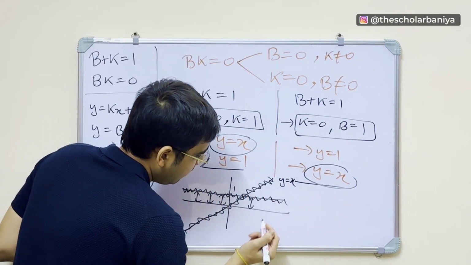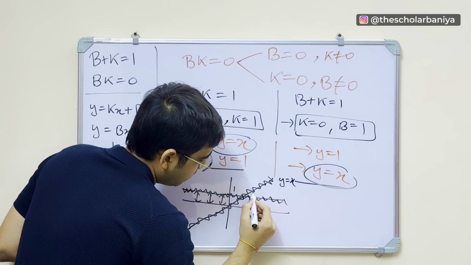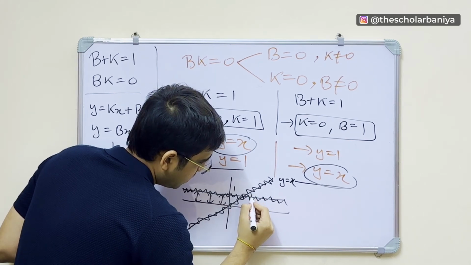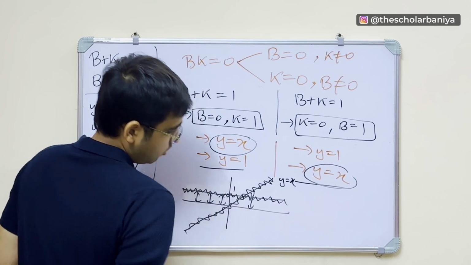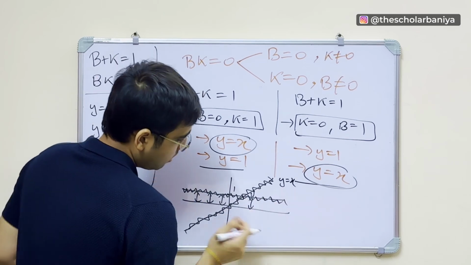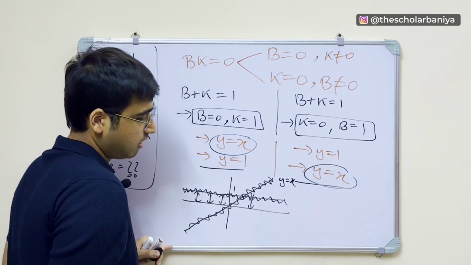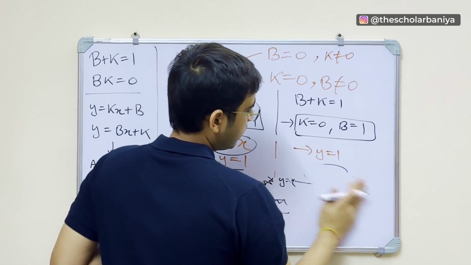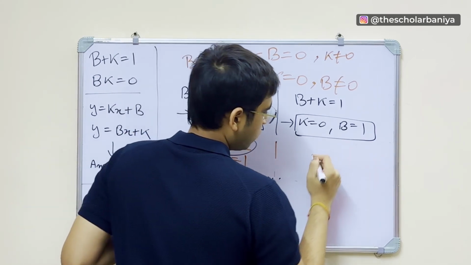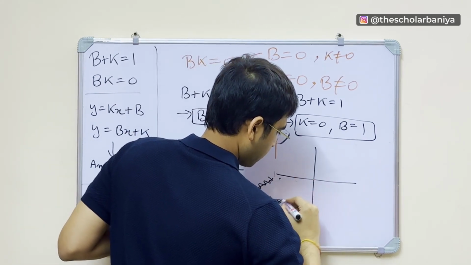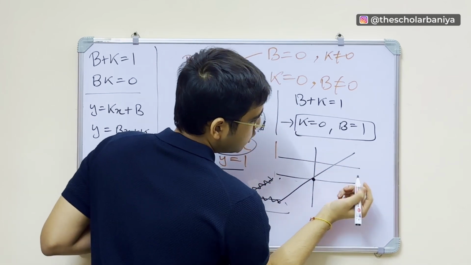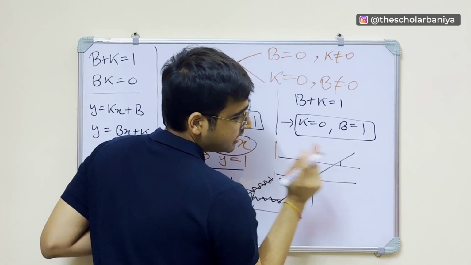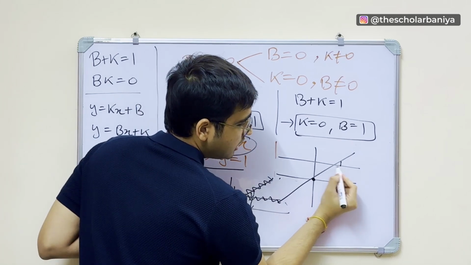So we have to find this angle right over here. If I draw it a little more clearly, we have to find this angle, the intersection, and this angle is equal to this angle.